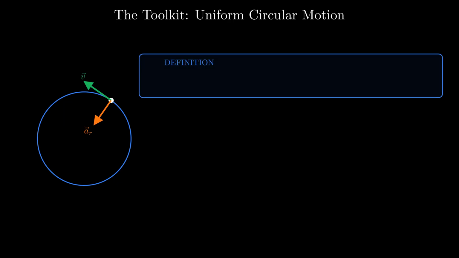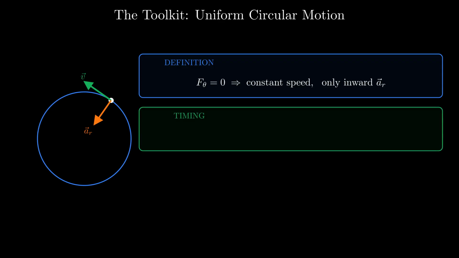Uniform circular motion is the case where the tangential force vanishes, so the speed holds constant and the only acceleration is the inward centripetal one. The motion is timed by two numbers, the period 2π over ω and the frequency ω over 2π, measured in hertz.